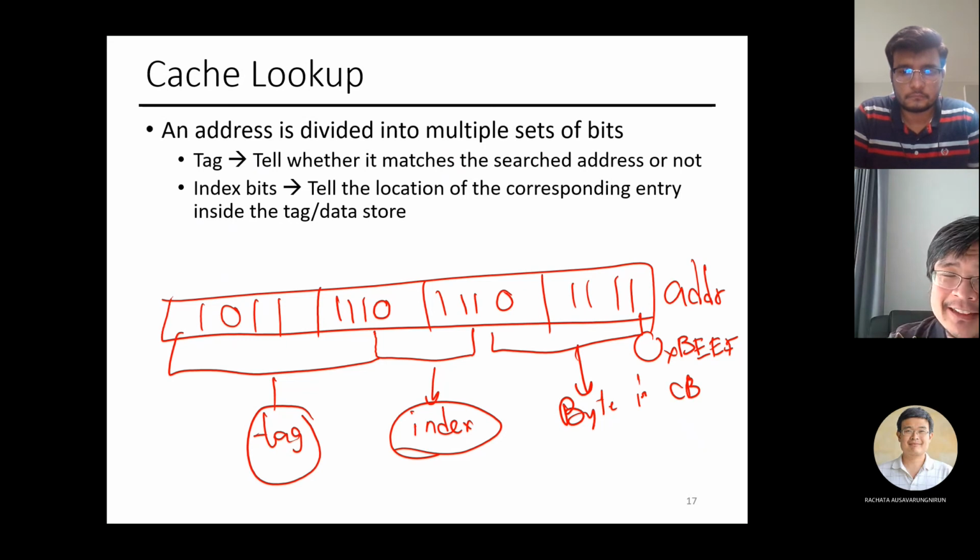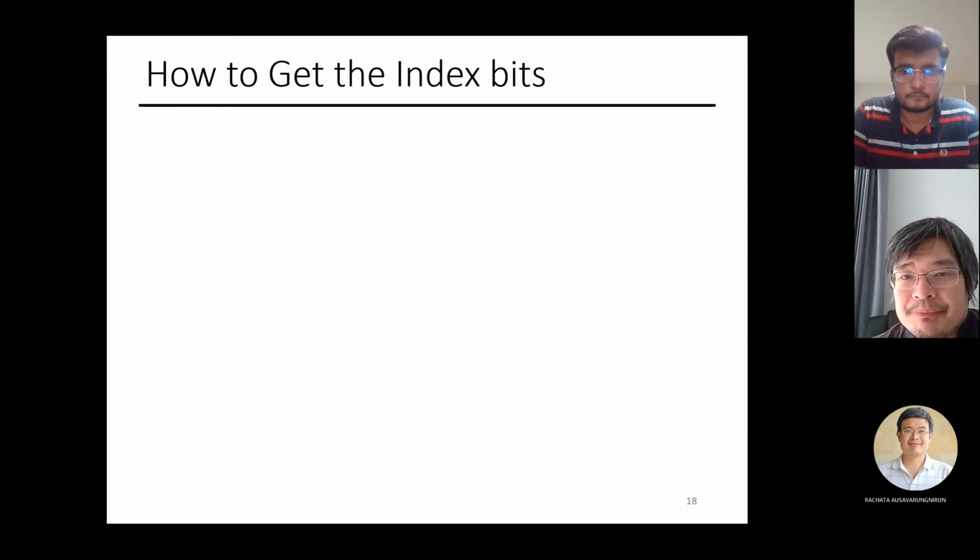Because with the index bit, the byte in block bit, and the tag bit, basically just the tag and the index, it tells you the address of the cache block. There's no way some other address would occupy the cache block because the tag plus the index bit would tell that already. So let's dig deeper on how to get the index bit.